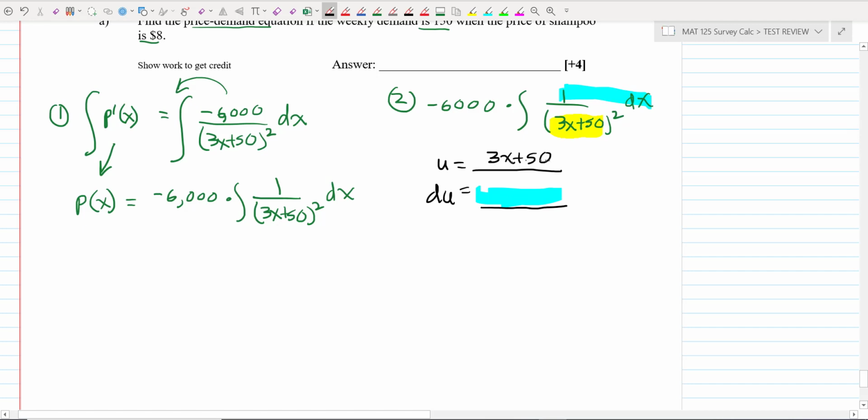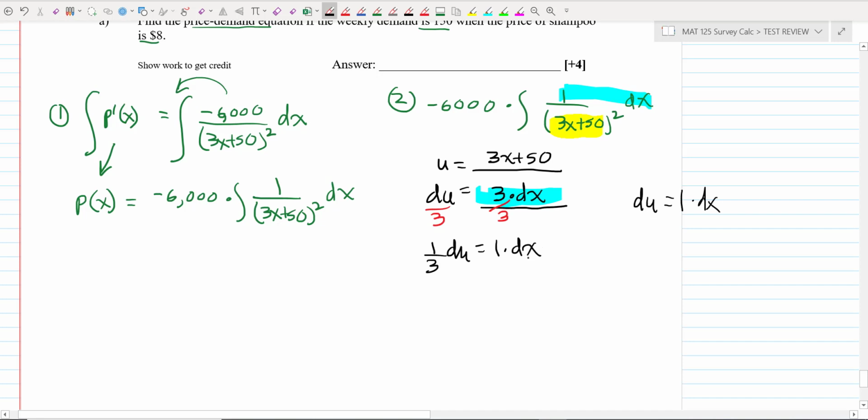The derivative of 3x plus 50 is 3 times dx. So we want this to really be du equals 1 dx. Well, that just means we have to divide by 3. So I'm going to divide this by 3, divide that by 3. So I will get 1/3 du is equal to 1 dx.